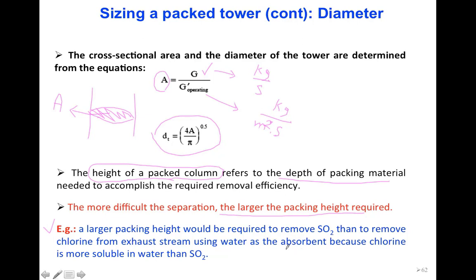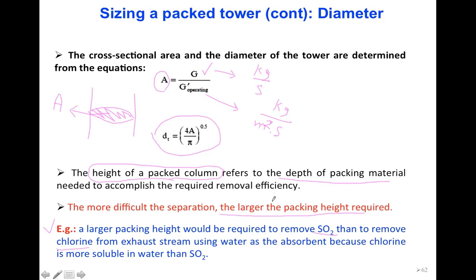In general, let's say we have exhaust gas from an engine, from a power plant or whatever, that contains SO2 and chlorine. Removing SO2 is more difficult than removing chlorine.